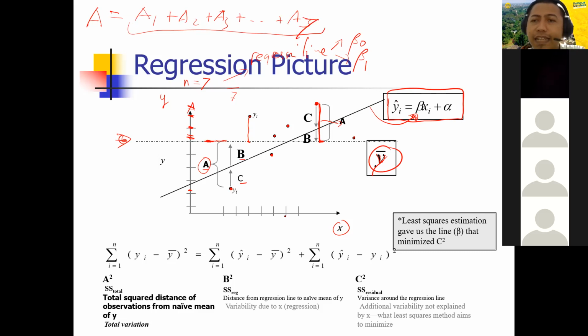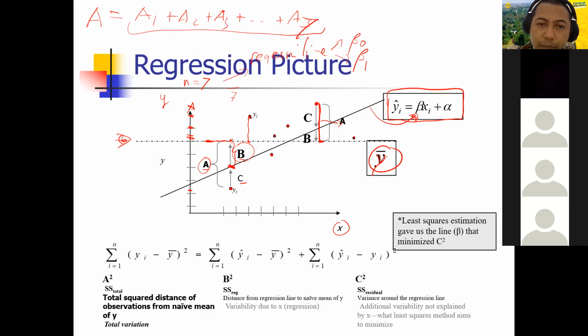Nah, kemudian ada error lagi yang disebut dengan B. B adalah error atau selisih antara prediktor garis terhadap rata-rata Y-nya, ya, kita lihat.